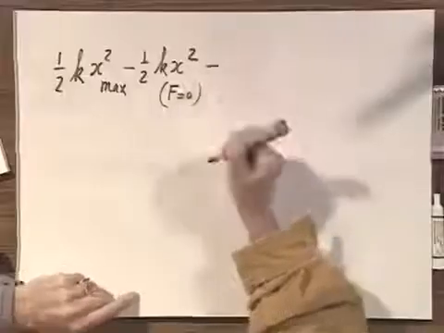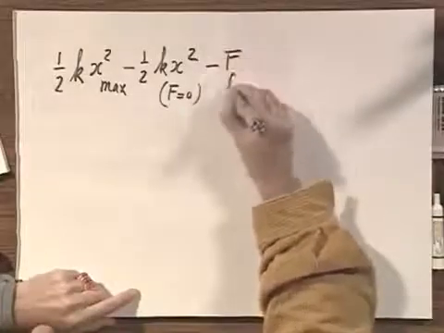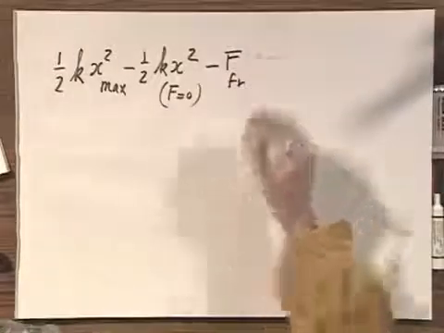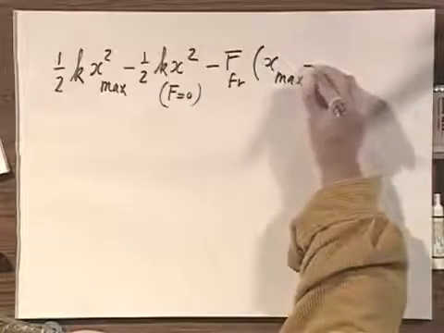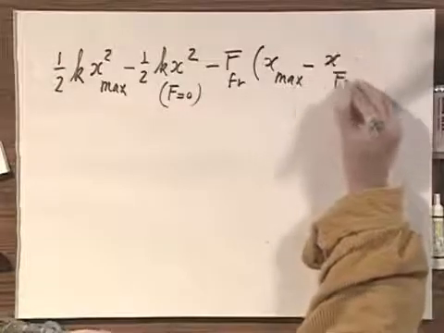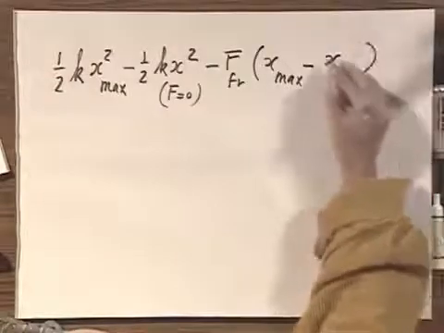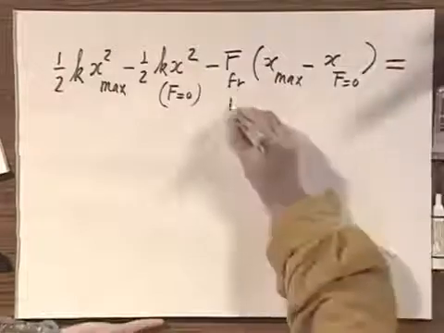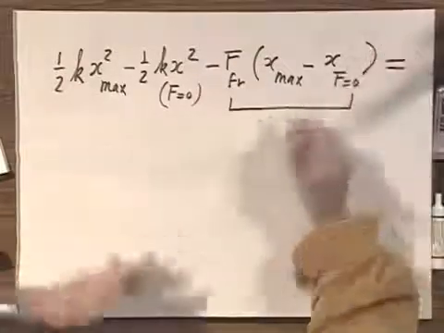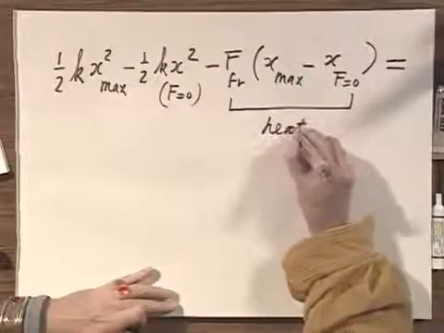So I must now take out the energy that the friction takes out, that goes out in the form of heat. So you must subtract the frictional force times the distance that the frictional force moves, x at f equals 0. And you know what I mean by that. We just calculated that value. And this now is lost. This goes out in terms of heat.